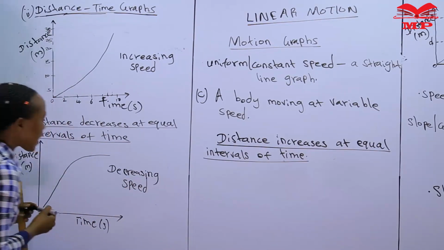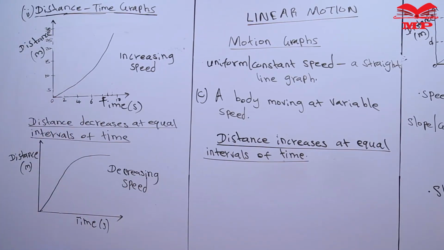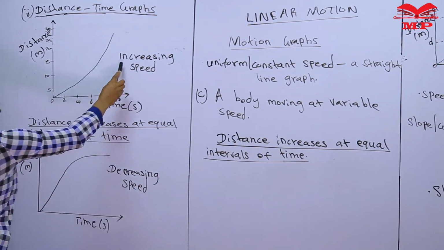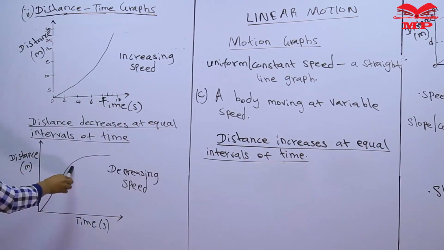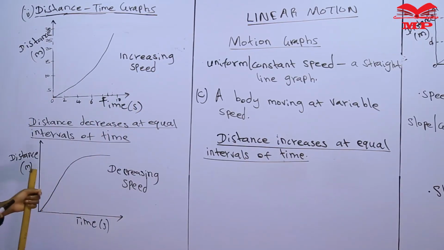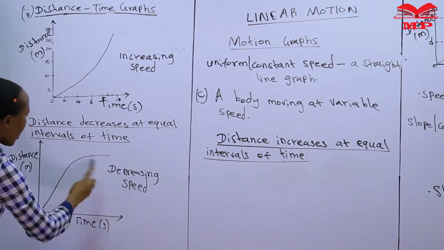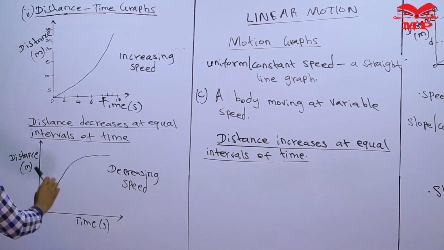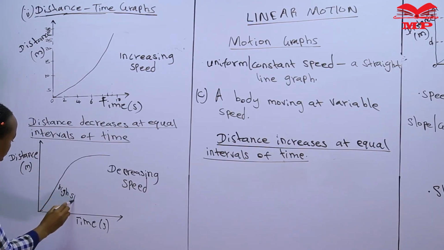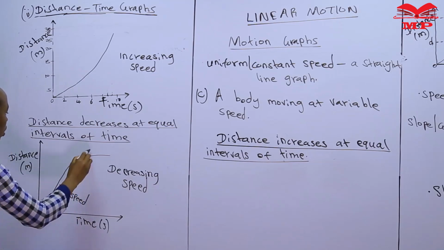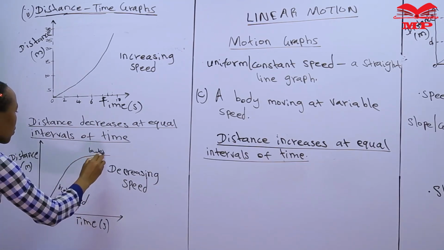The speed is decreasing with time. You can therefore talk of speed decreasing with time. Then here the speed is increasing with time, because the more the slope of this graph, the more the speed, and the lesser the slope, the lesser the speed. So here there is more speed. The speed here is high speed, compared to this one, there is a lower speed.